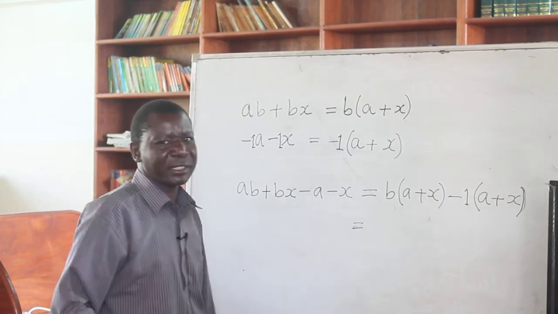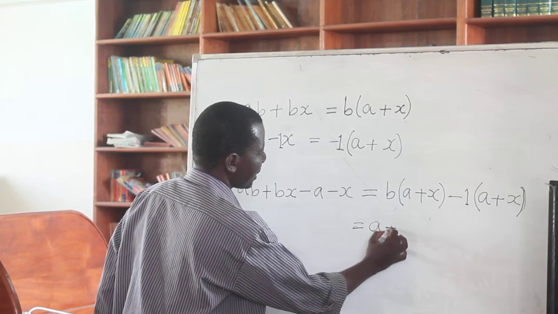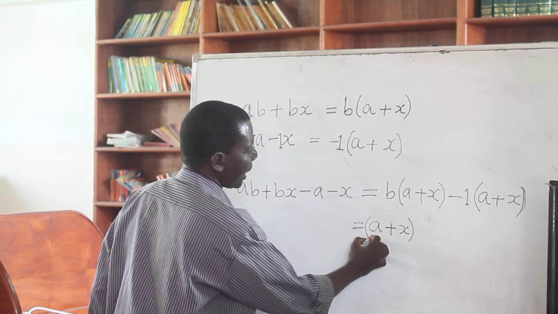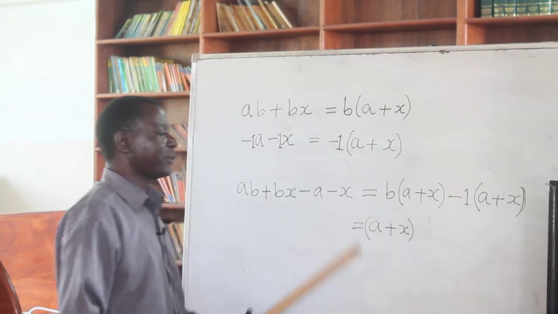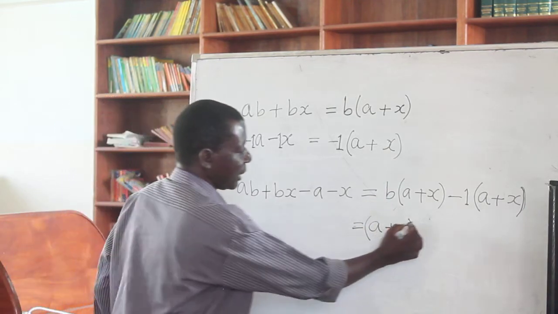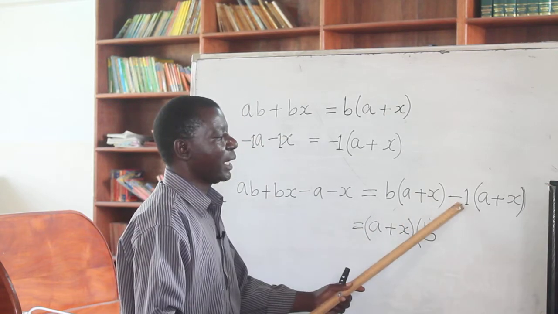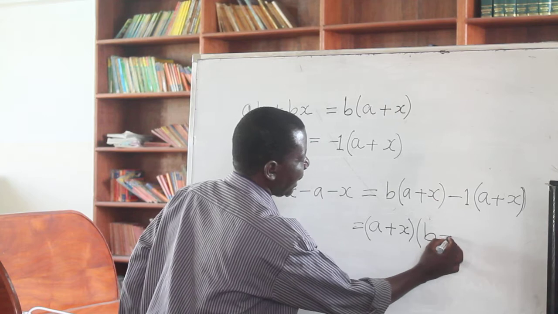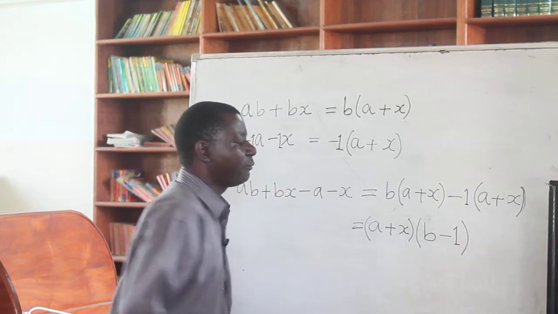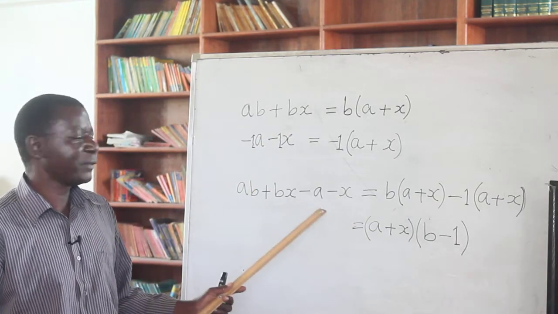Inside the bracket for the first term we remain with b, and in the second term we remain with minus 1. And therefore we have finally factorized the whole of that sum.